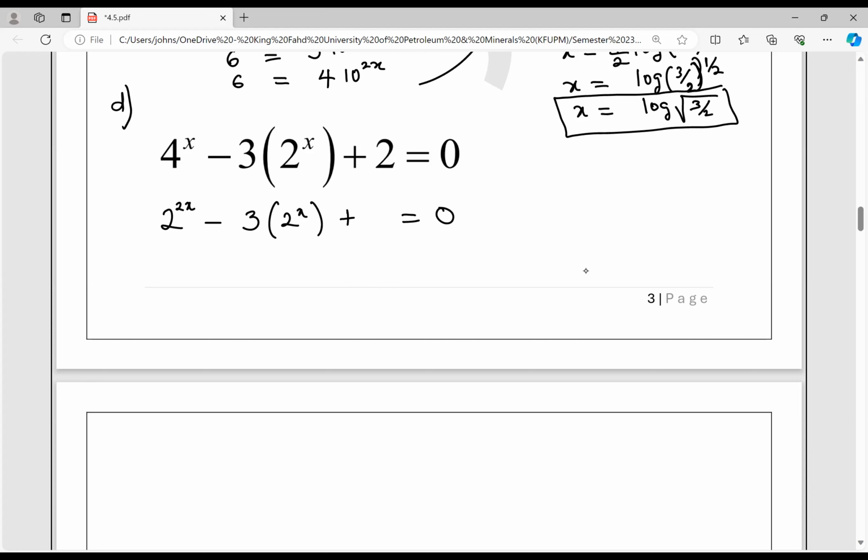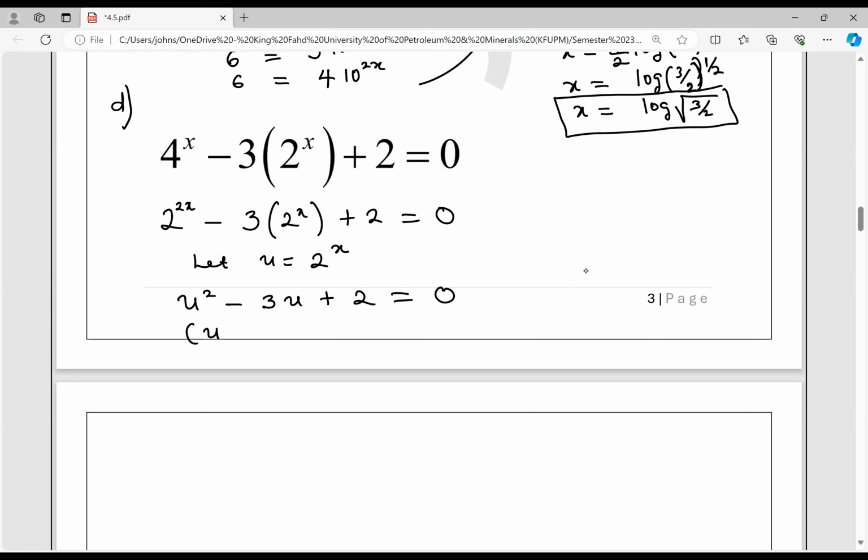And now we can let u be 2 to power x. So once we let u be 2 to power x, this will become u squared minus 3u plus 2 equals to 0. And from here, we can factorize this.